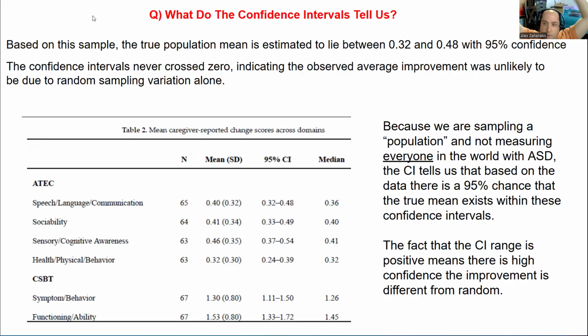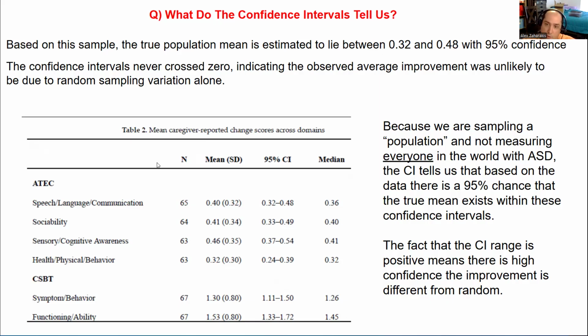I think that question in itself is just extremely broad in general. But the confidence interval here, which is this range, in the case of speech language communication, of 0.32 to 0.48, what that means is that based on the data, there's a 95% chance that the true mean, the actual mean for everybody that would ever participate in this, is within this range, 0.32 to 0.48.